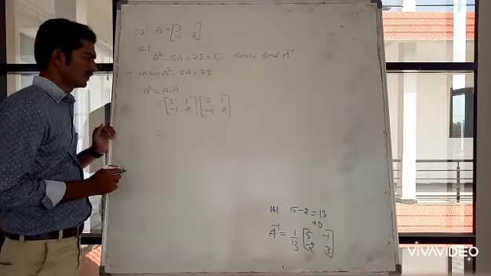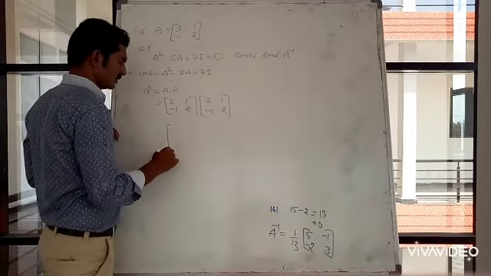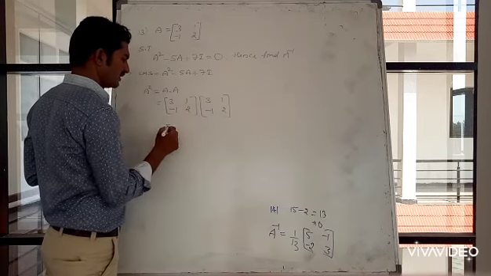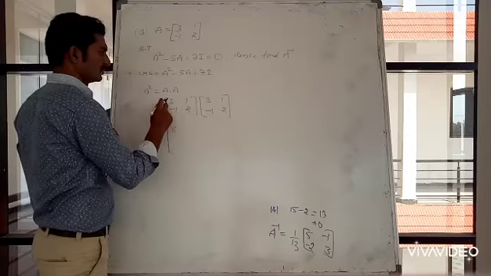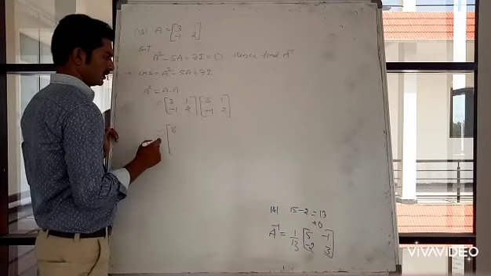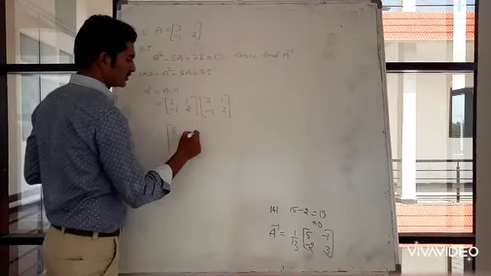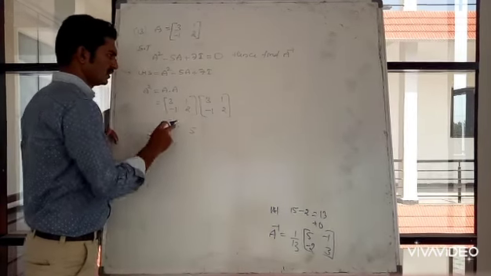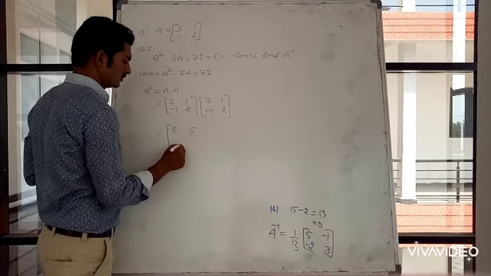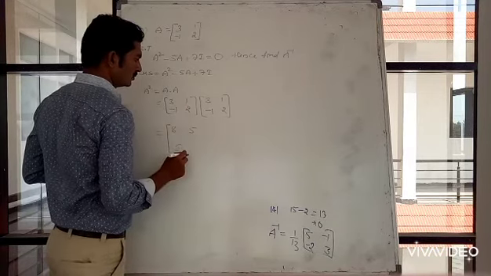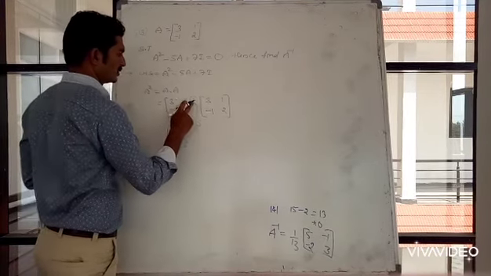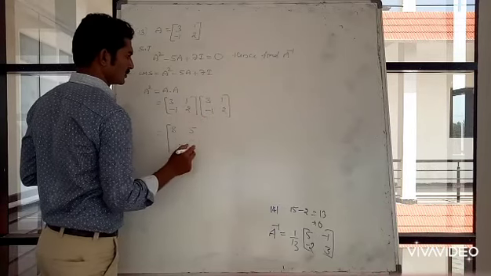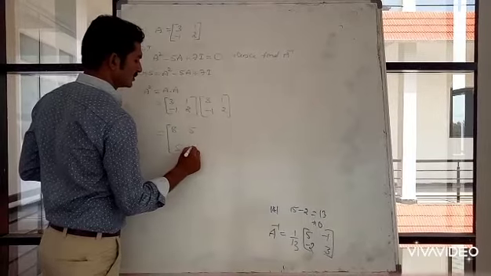Multiply: 3 3s are 9 minus 1, 8; row column, 3 1s are 3 plus 2, 5; minus 1 into 3 minus 2, minus 5; 2 1s are 2, minus 1 into 1, minus 1; 2 2s are 4, 4 minus 1, 3.